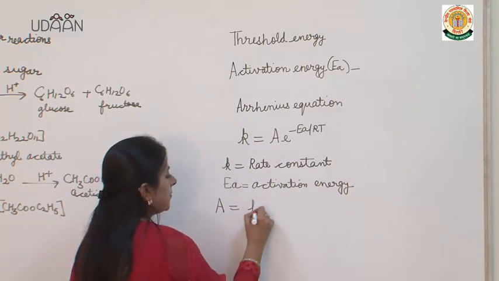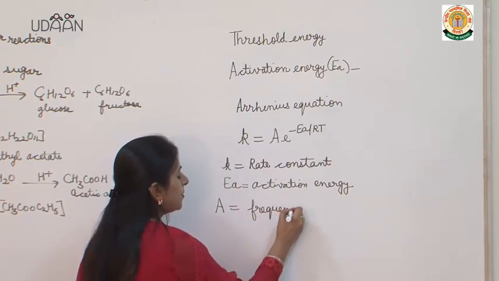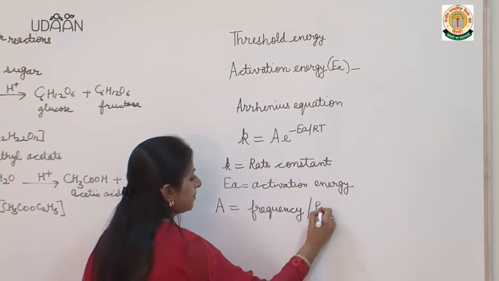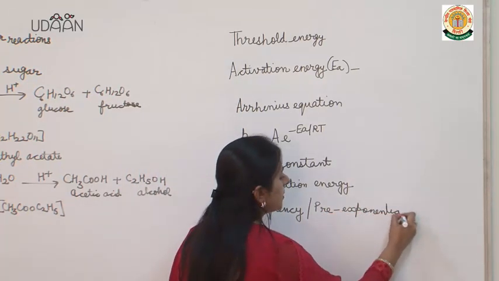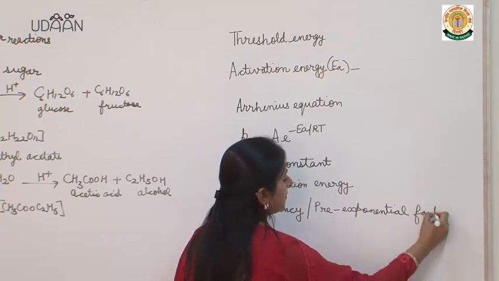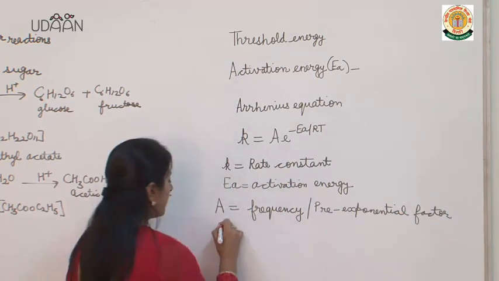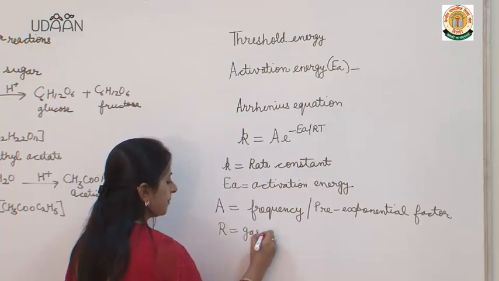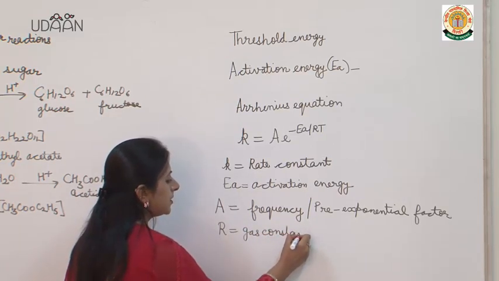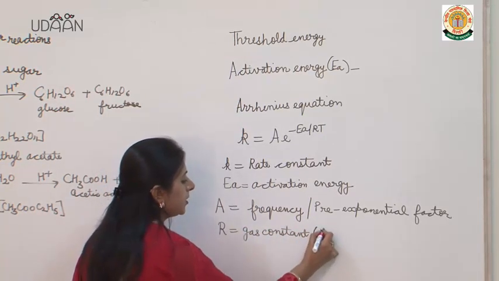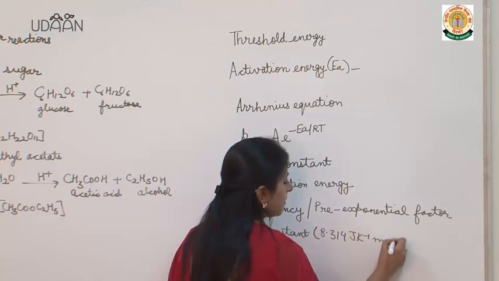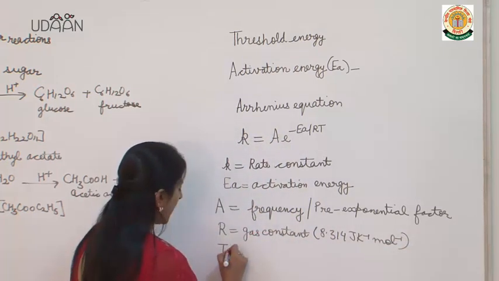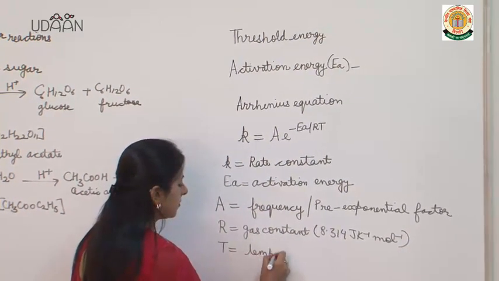A is the frequency factor or the pre-exponential factor. It has the same units as k, and R is the gas constant, 8.314 joule Kelvin inverse mole inverse, and T is the temperature.